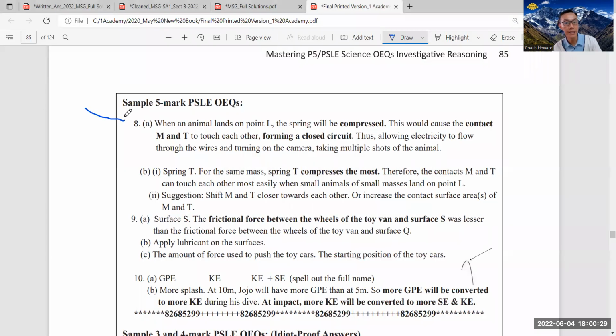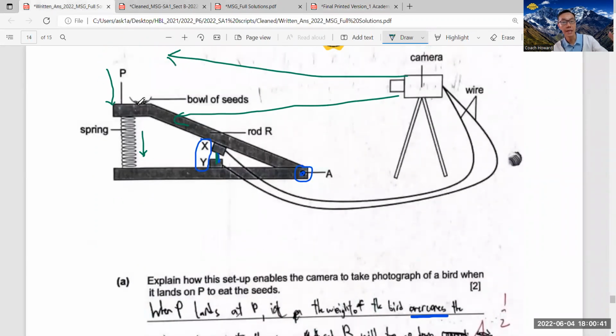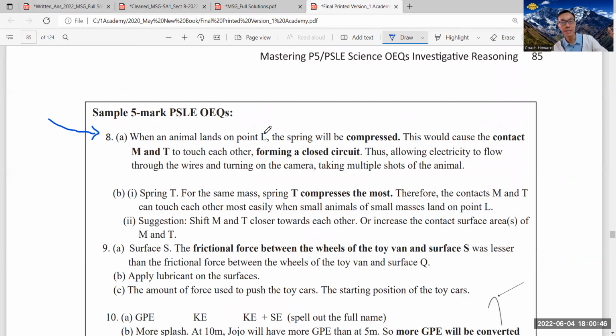In my book, actually, the answer is quite straightforward. You can use this answer to explain as well. When the bird lands at point P, the spring will be compressed.